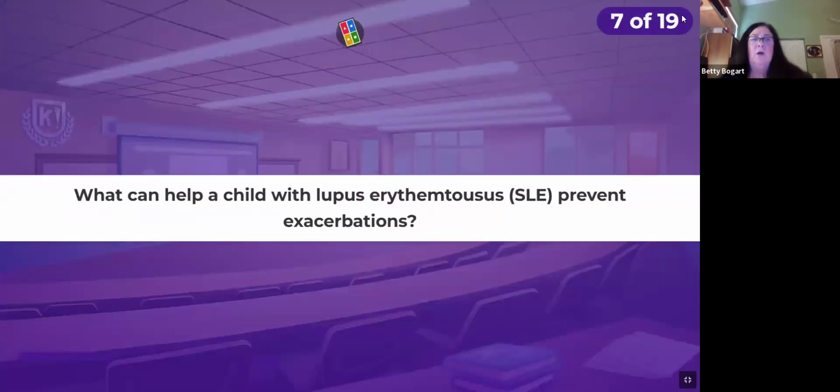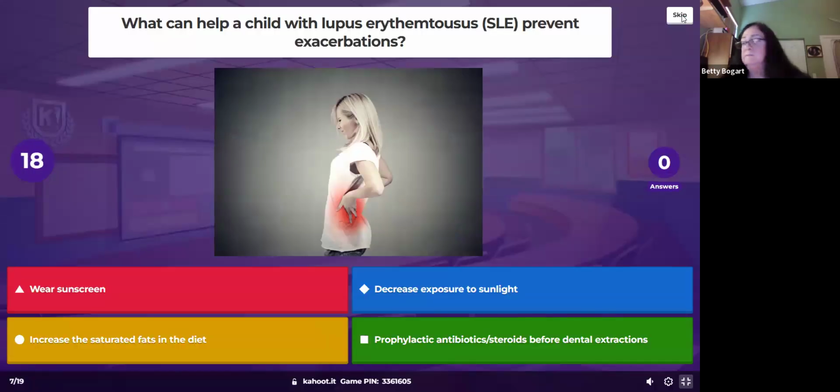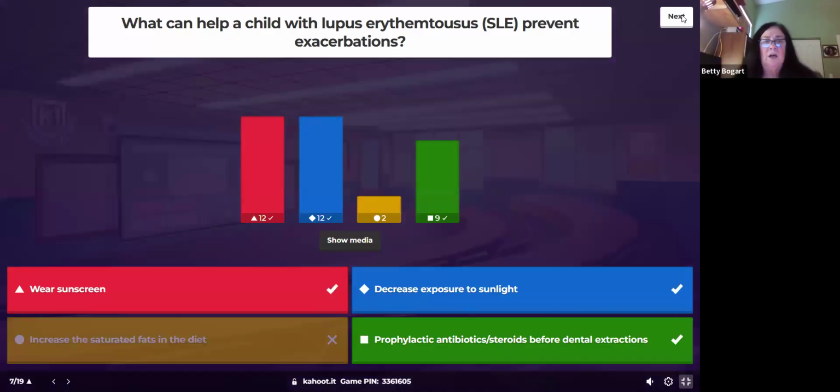What can help a child with lupus prevent exacerbations? So lupus, the sunlight does bother them.